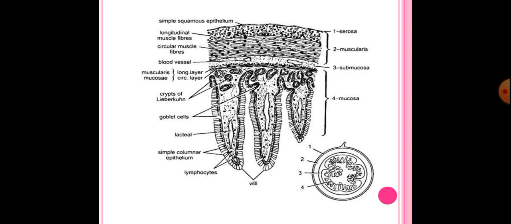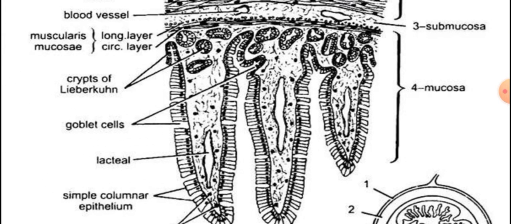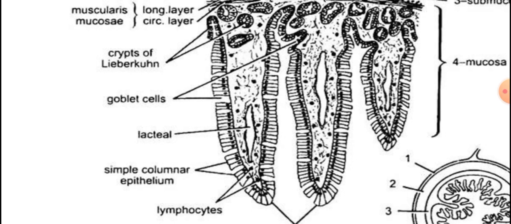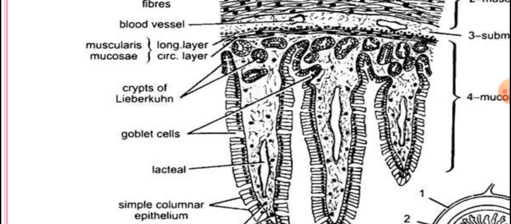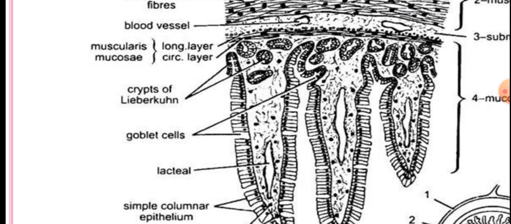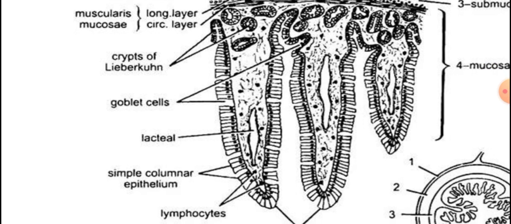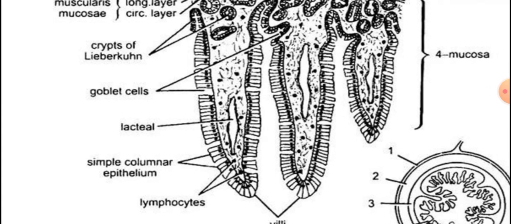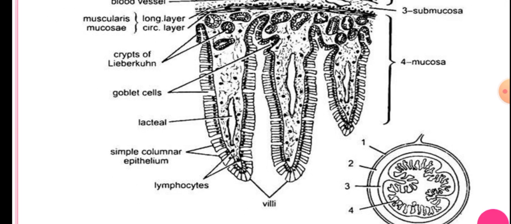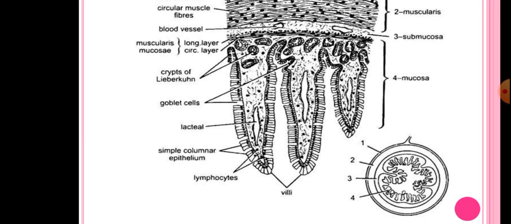Here you can notice that the deeper side between the villi is called the crypts of Lieberkühn. These are depressions of the mucous lining. Then there are specialized goblet cells present in the crypts of Lieberkühn. This is a simple columnar epithelium having a brush border, so villi are present. We will discuss it in detail.